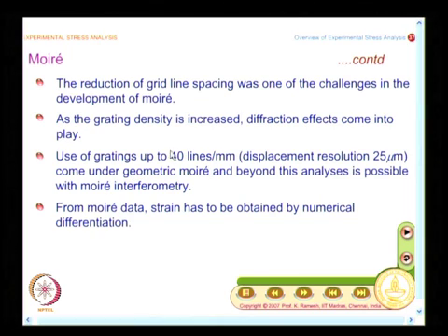Even this 40 lines per millimeter is fairly small, and you are able to get a displacement resolution of 25 micrometers. And Moiré gives you only displacement, and from Moiré data strain has to be obtained by numerical differentiation, and we have seen that numerical differentiation is erroneous. So, unless you have very fine information, it is not worth doing the numerical differentiation.